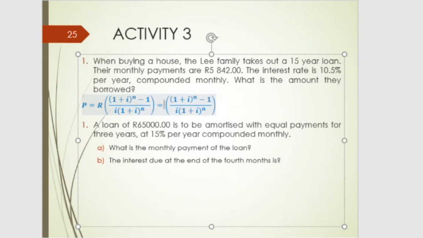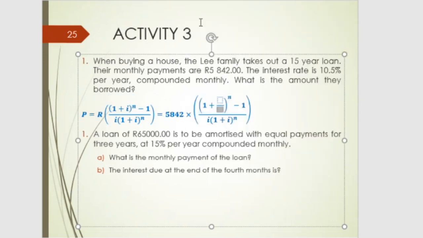They gave us the payment 5,842 multiplied by 1 plus I, which is 12, here's 0.105, to the power of 180.